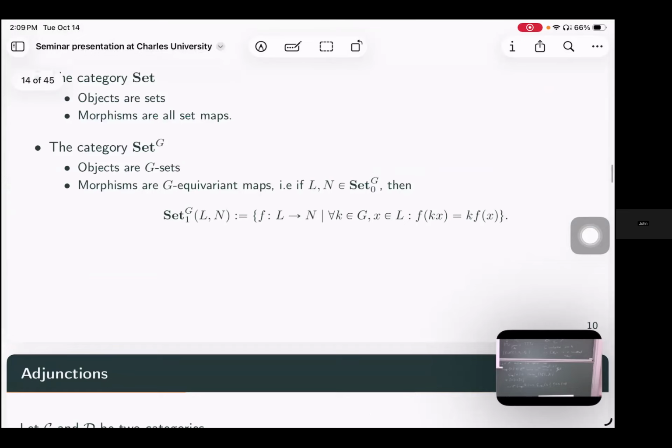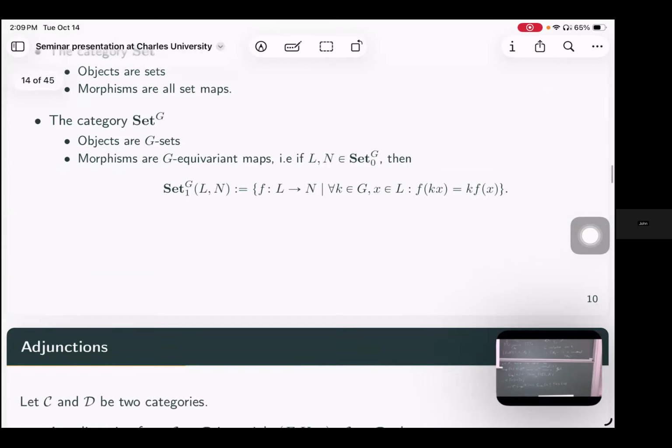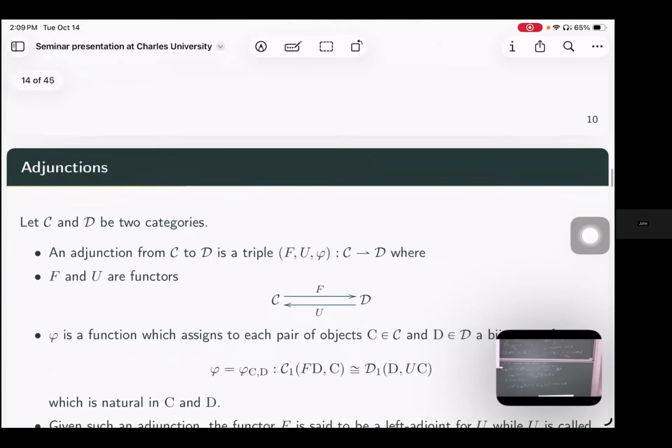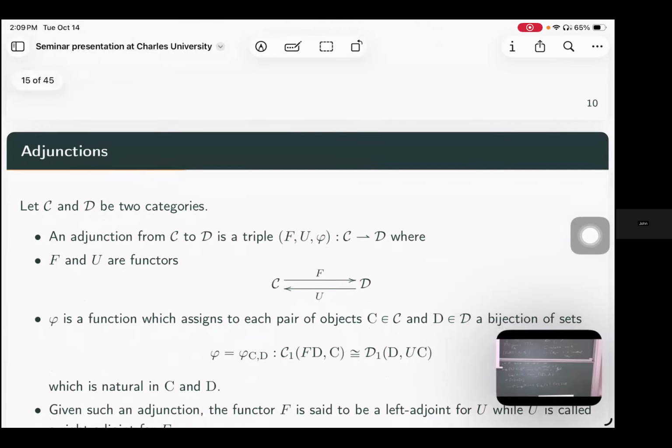Okay, so I think whilst Julius was speaking, he spoke about how to write down a bar construction and a co-bar construction. And usually these things do stem from what we call an adjunction.